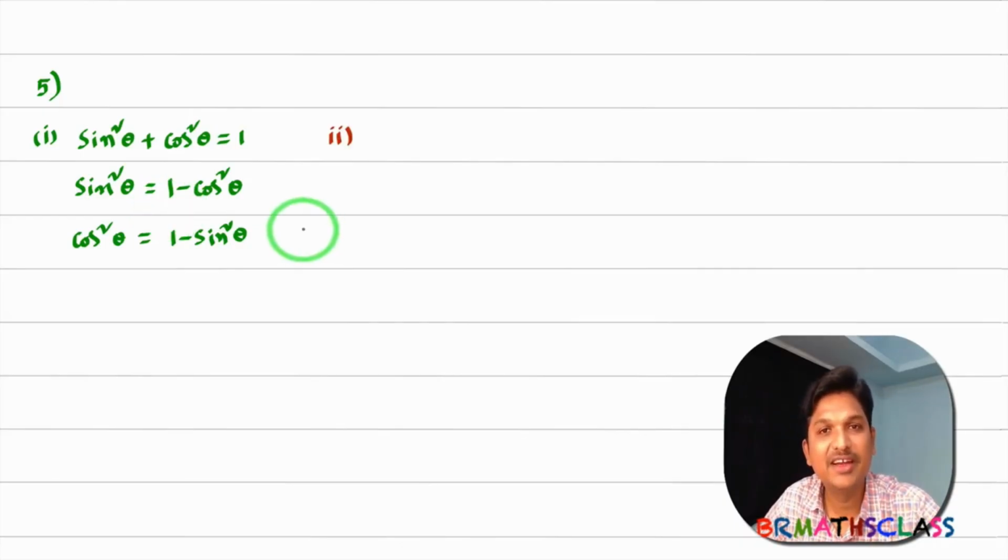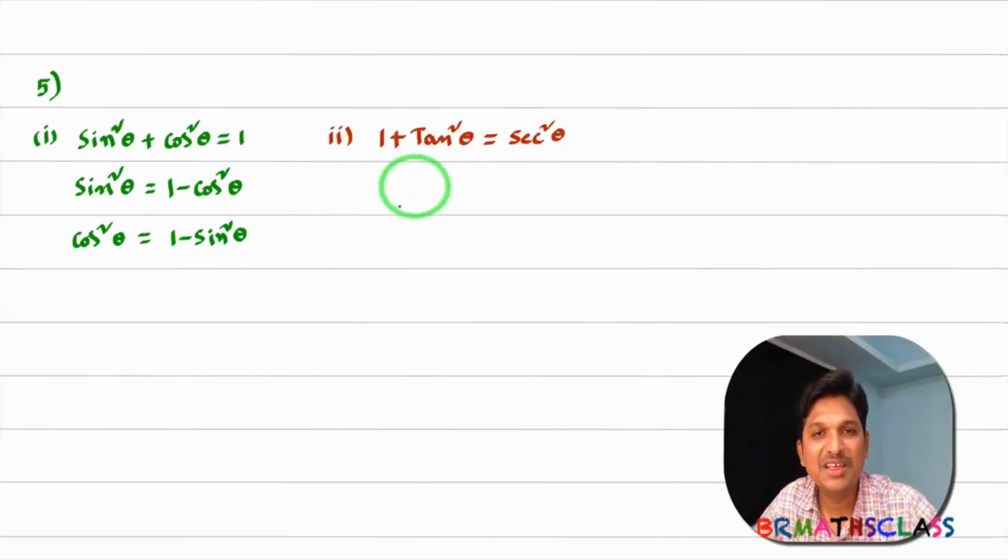Okay. Second trigonometric identity. 1 plus tan square theta equal to secant square theta. In this trigonometric identity, you remember that the friend of tan is secant. 1 plus tan square theta is secant square theta. Very frequently used trigonometric identity. From this, you can write what is tan square theta.